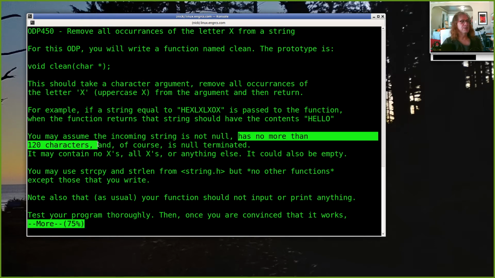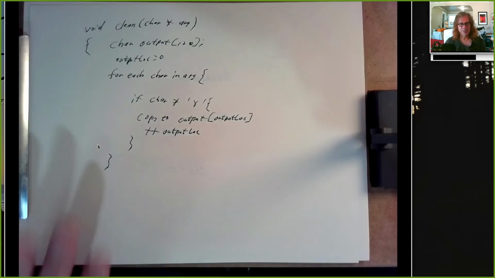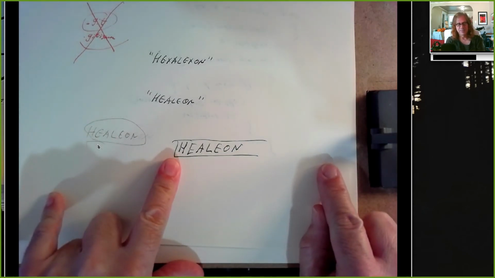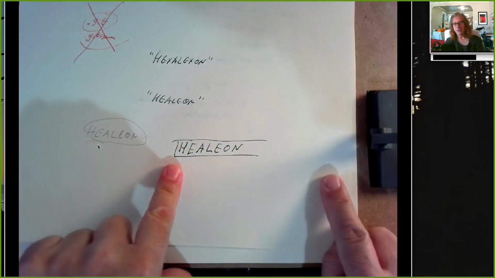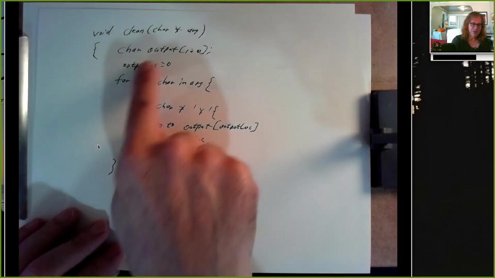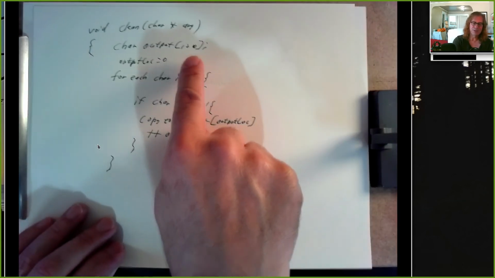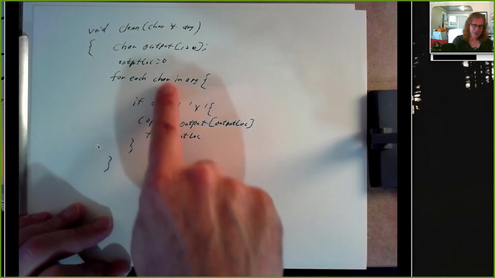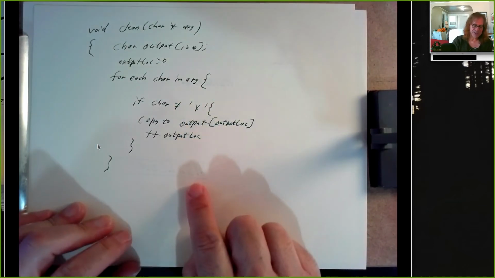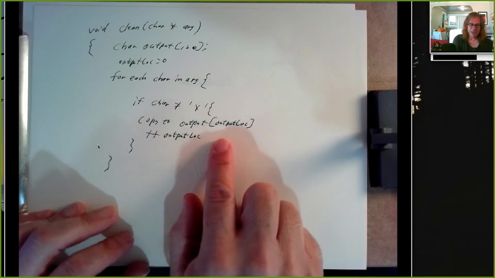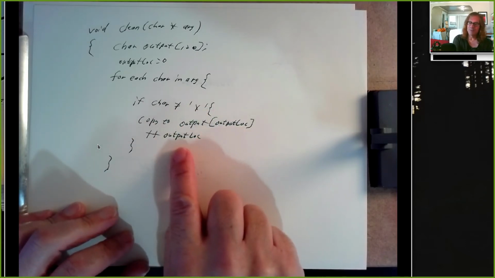Because we know that it's never going to have more than 120 characters, this output area never has to be bigger than 120 characters. If there's no x's here, we'll copy the whole thing to here, but if there's x's, this is going to be smaller than our original string. So I can declare this temporary variable to be 120, and that should be fine. Basically start an output location at 0, and anytime we find a character in our input that's not an x, copy to the next location in our output and bump up that output location.